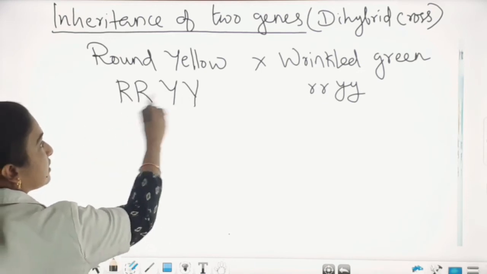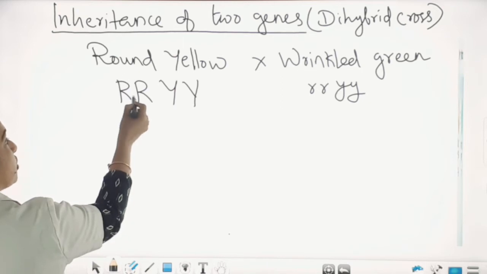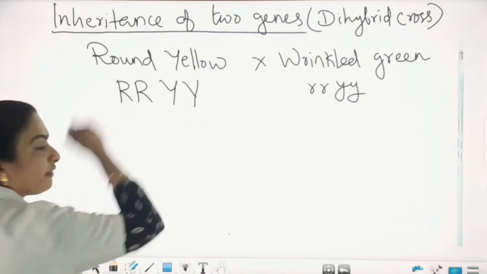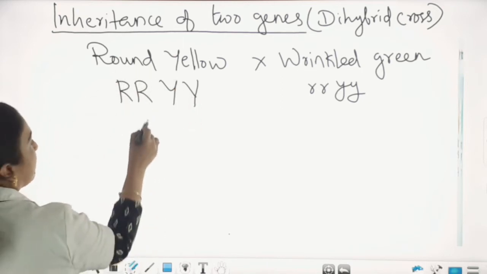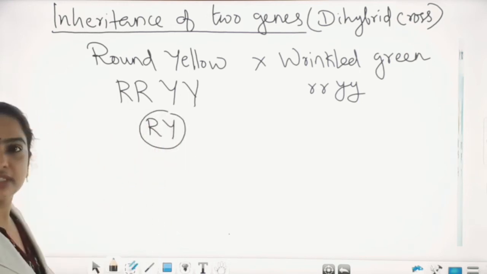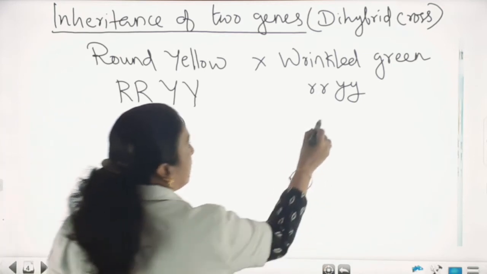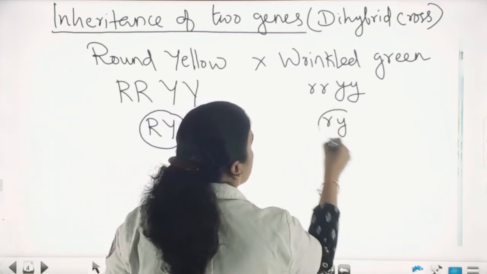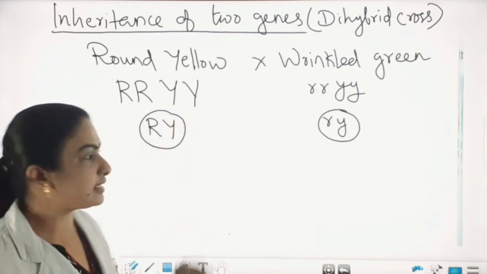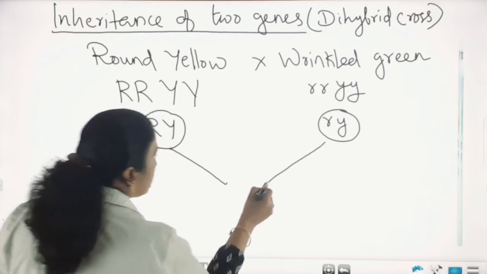When two pairs of characters are brought together, the segregation or separation of one pair is independent of the other. So the gamete is capital R, capital Y. Is it clear? So this is the law of independent assortment. Here also, the gamete is small r, small y. This is the gamete. So here there is a cross between these two.